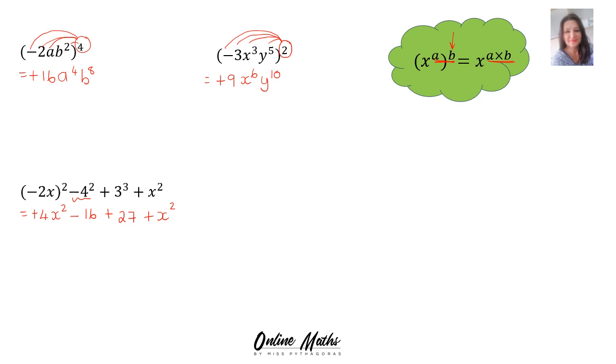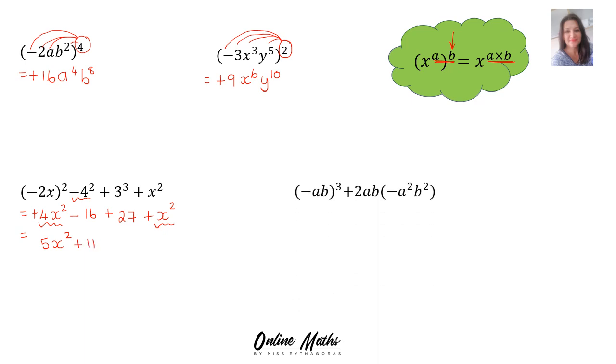And now there's like terms. So you can say 4x squared plus x is 5x squared. And then minus 16 plus 27 is equal to 11, plus 11.